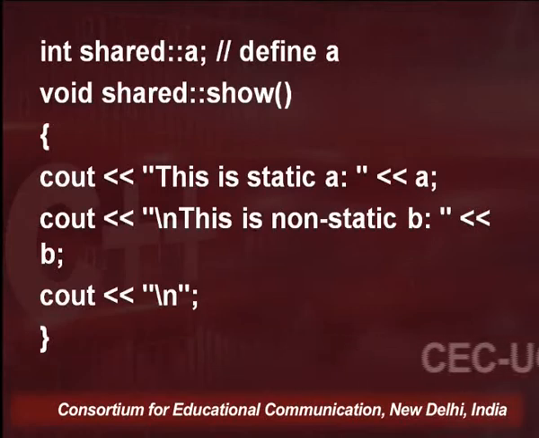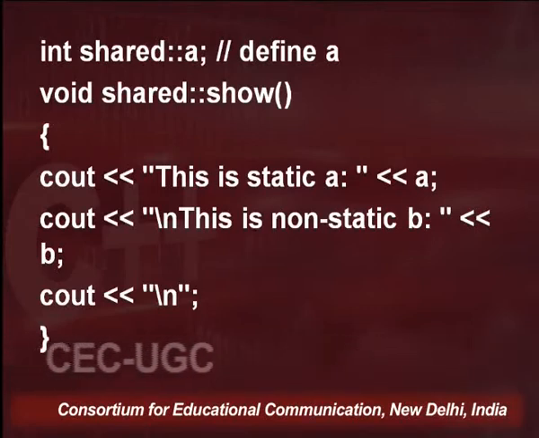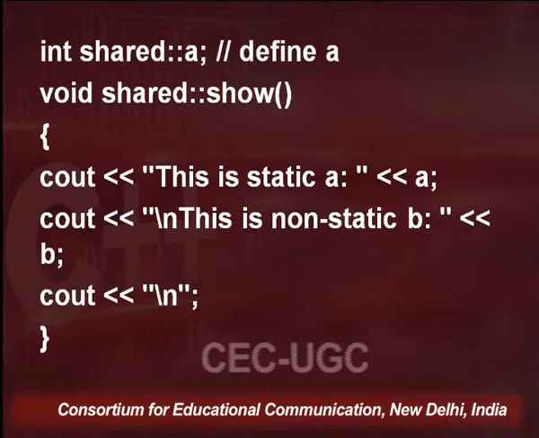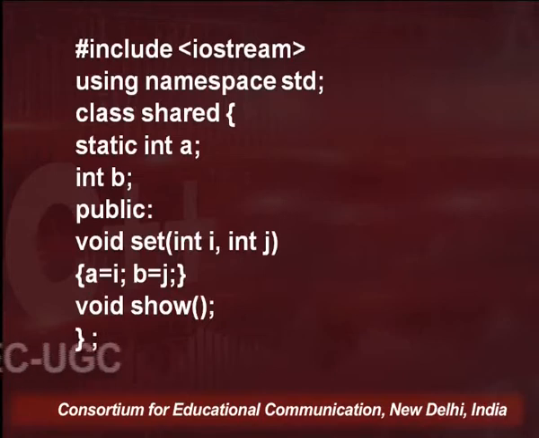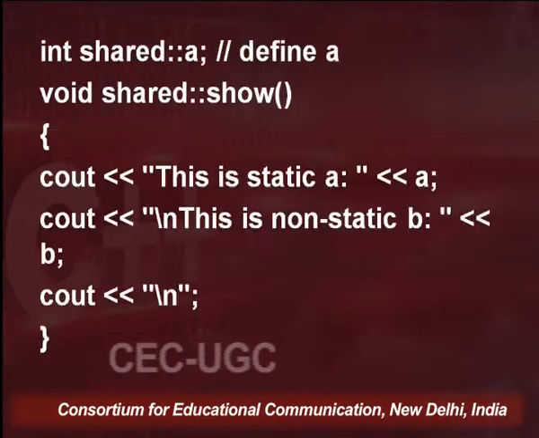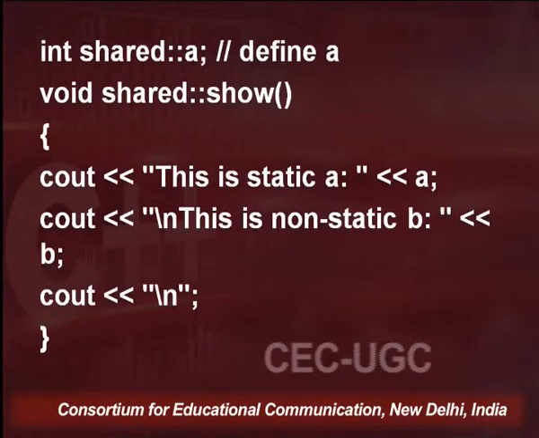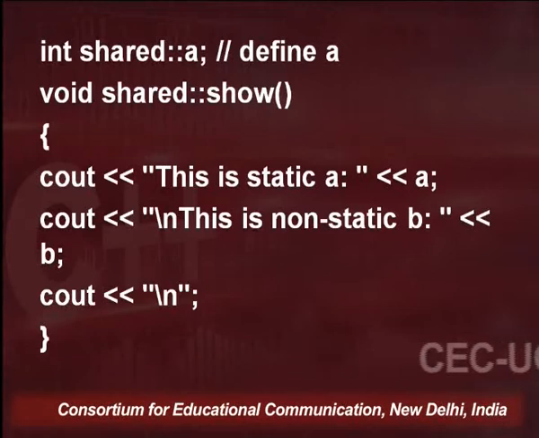So first, how are we going to define the static variable a? This static variable a has been declared as static int a inside the class definition, while for the definition, notice the place, this is outside the class.